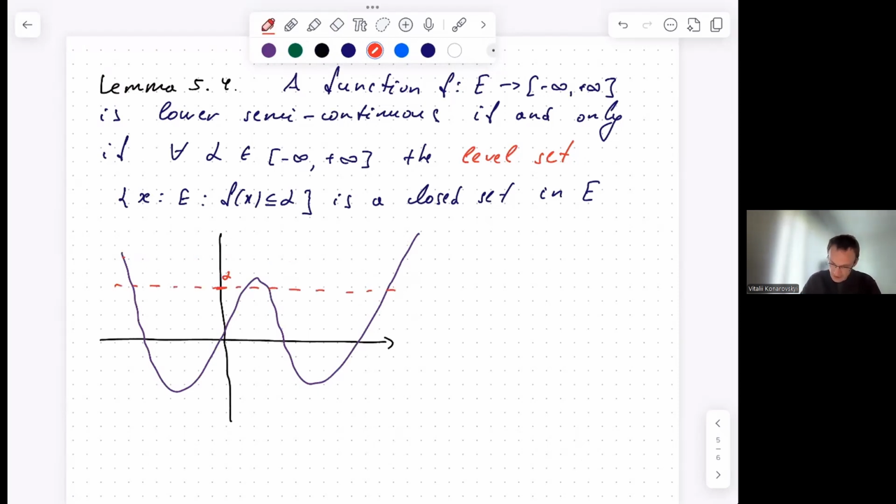Then the level set is all x where the function is below the level alpha or equal alpha. Thus in this picture, the level set is this set union with this set. And then the statement says if that set is closed, then the function is lower semi-continuous, and the inverse statement also is true.